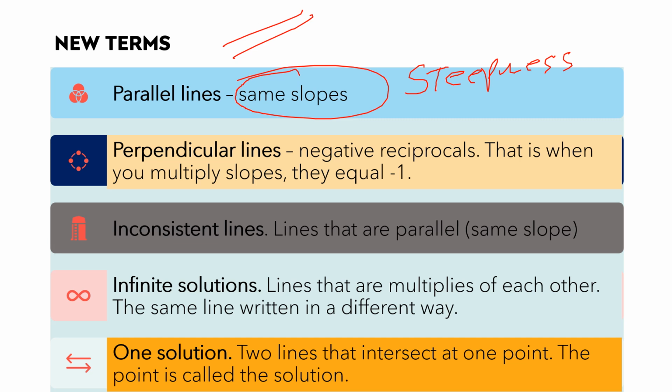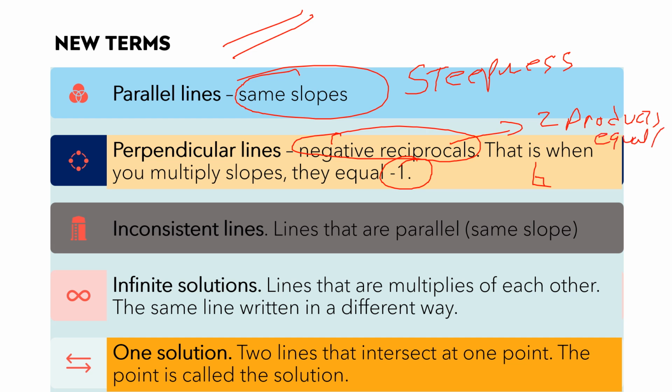Perpendicular lines, well, you may remember they form right angles. But a new thing is when you multiply their slopes, they equal -1. That's what we call negative reciprocal. Reciprocal means it's just two numbers whose product is 1.